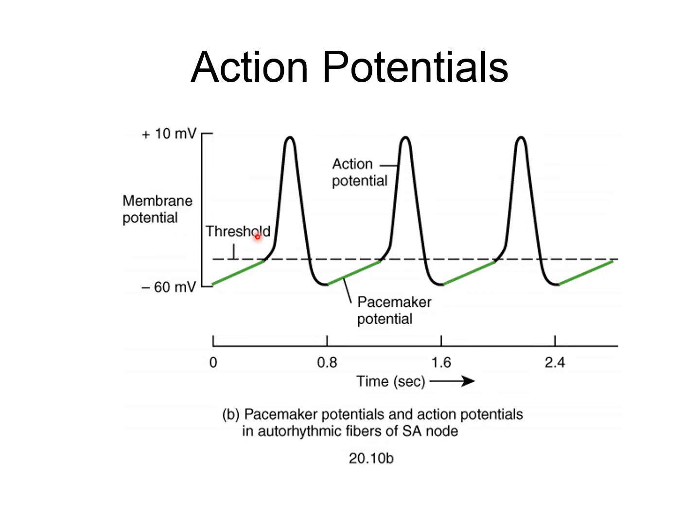The SA node produces the action potential on itself, and it relays it onto the atrial wall, and then to the AV node, and then onto the AV bundle. And the SA node is the main one in charge of the action potential.